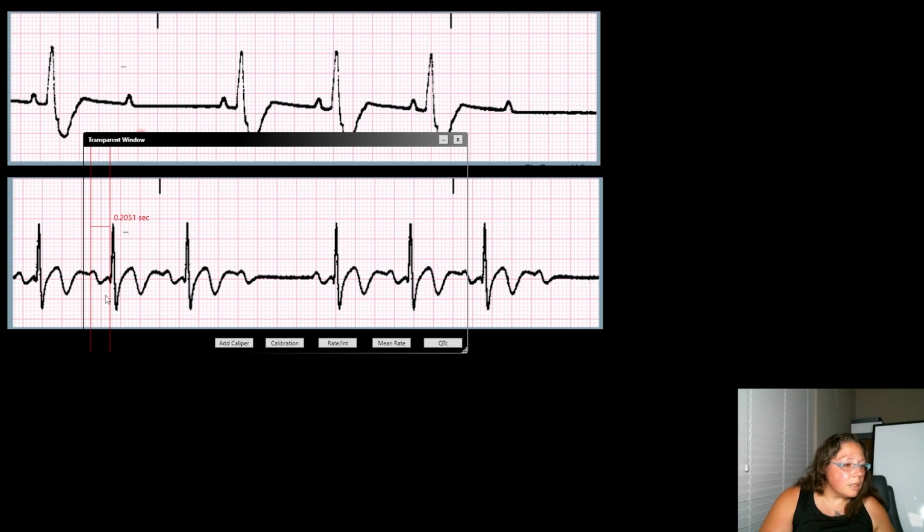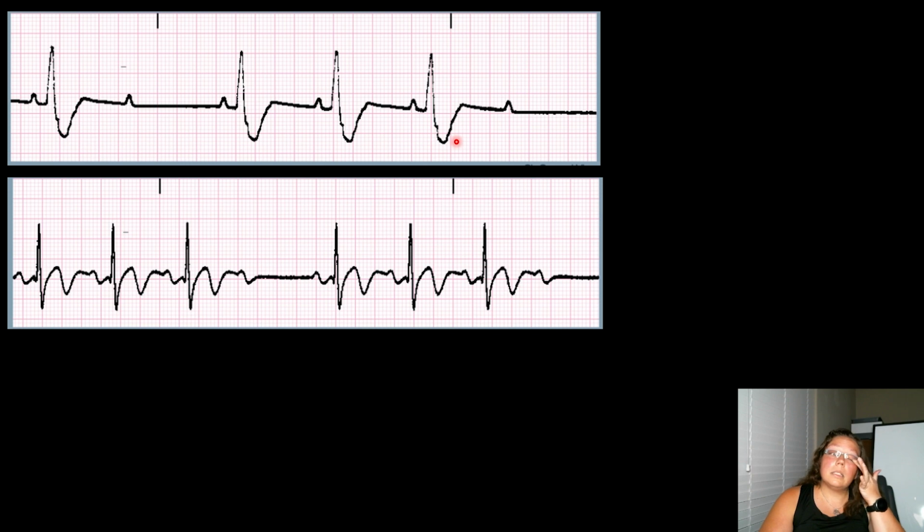These P waves are hard to find. Okay. 0.2, 0.2, 0.2. So they're all the same. It's just some P waves don't have QRSs, which means that we have a block. Since the PR intervals are the same, we've got type 2.